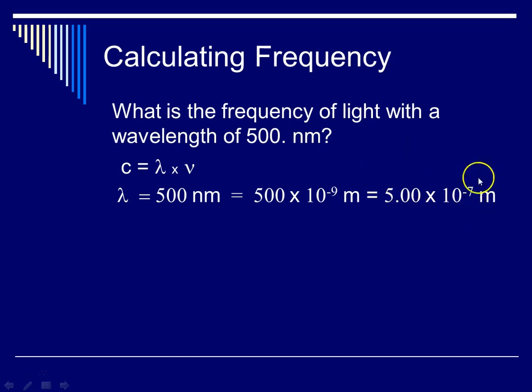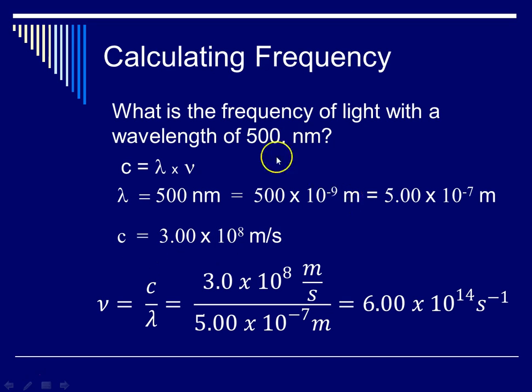And most of the light in the visible region is going to be on the order of this 10 to the minus 7 meters, give or take a couple powers of 10. And so here, recalling that c is our constant, and again 3 times 10 to the 8th meters per second. So now we can go in and solve. So using our friend algebra, we rearrange this equation up here and solve for frequency, which is nu, and that's going to be c, the speed of light, divided by lambda, the wavelength.